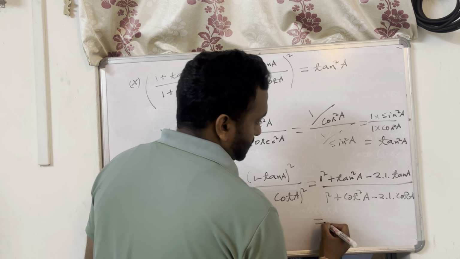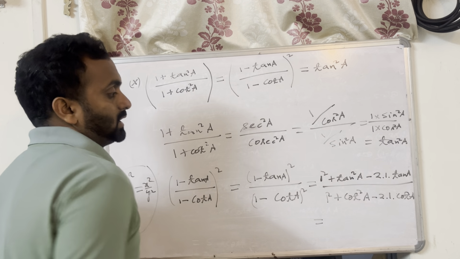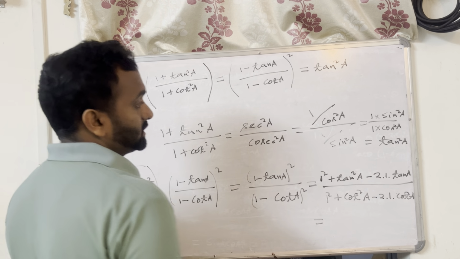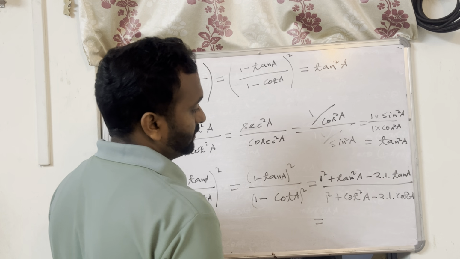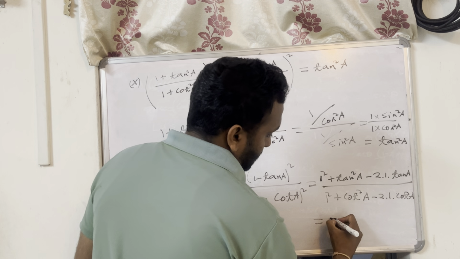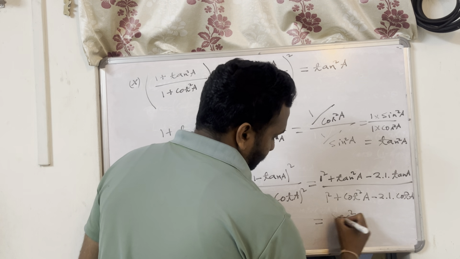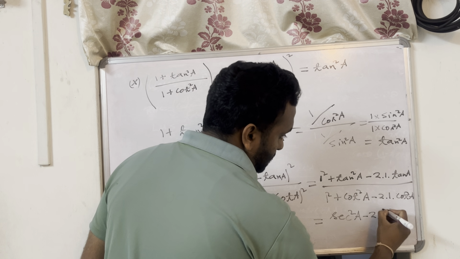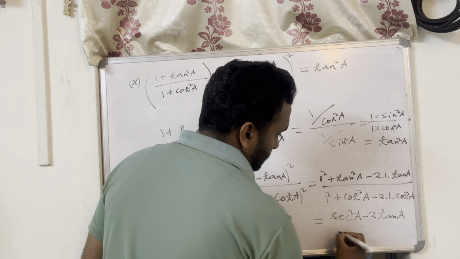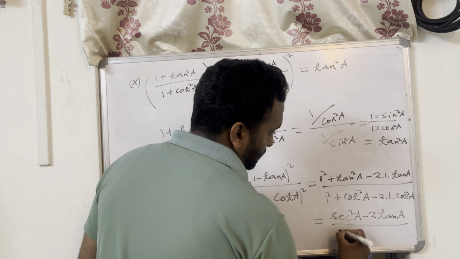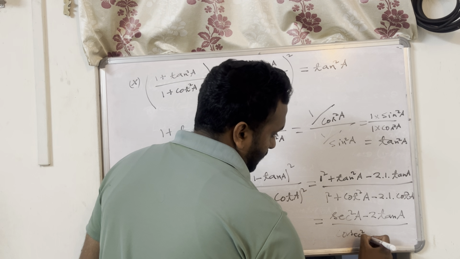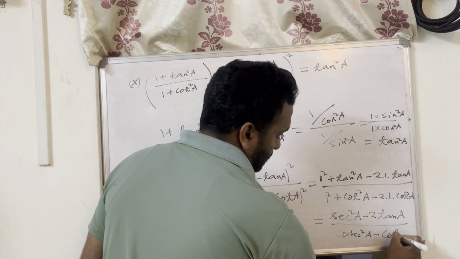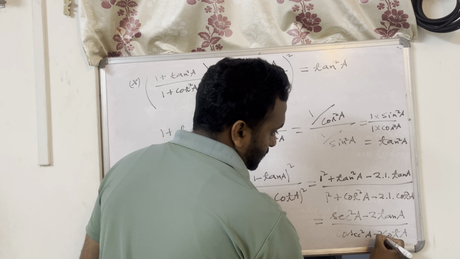So it is how much? 1 plus tan square is how much? 1 plus tan square from identity 3 we know it is sec square A. Okay, it is sec square A minus 2 tan A divided by cosec square A minus 2 cot A.